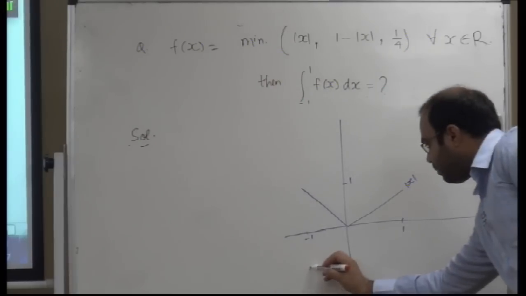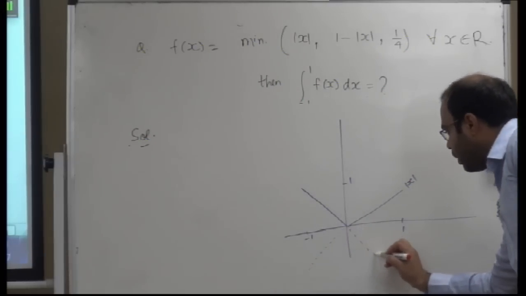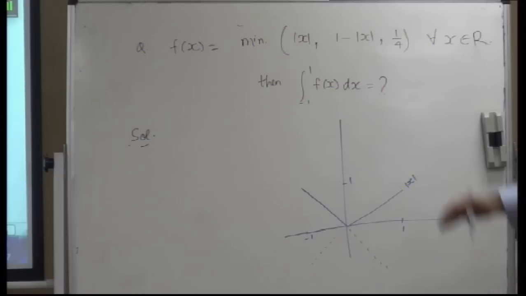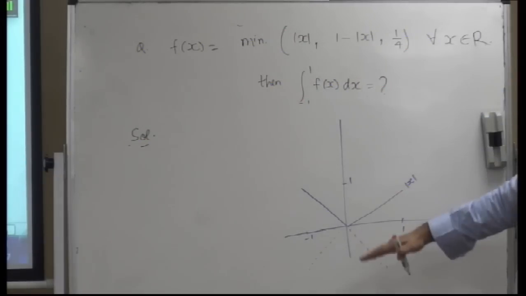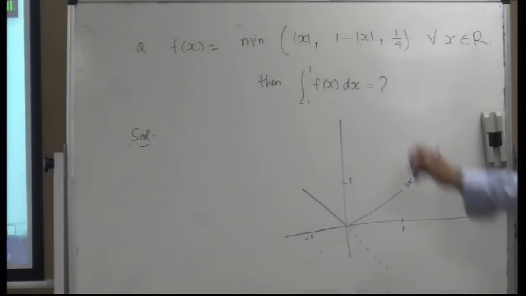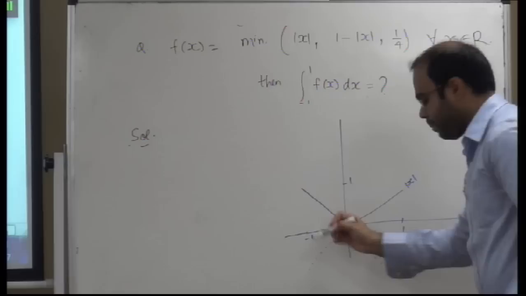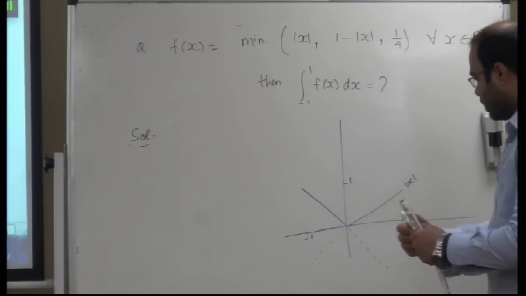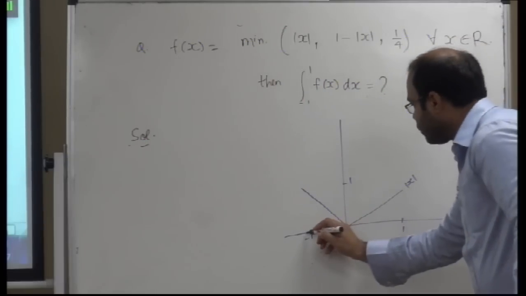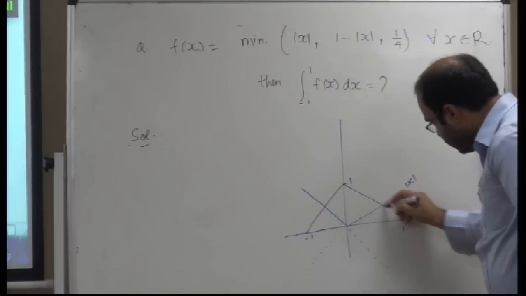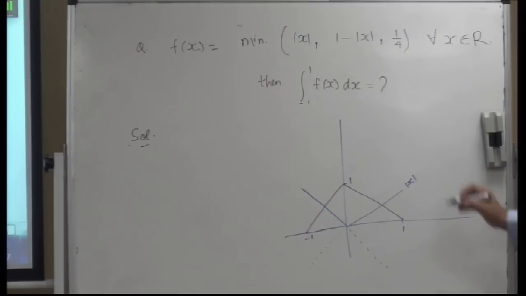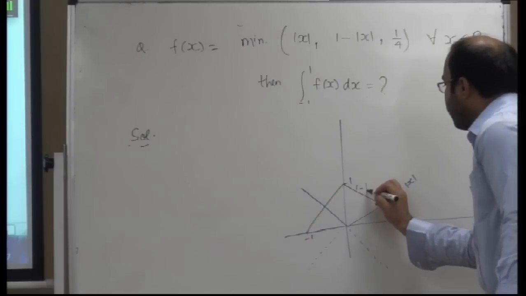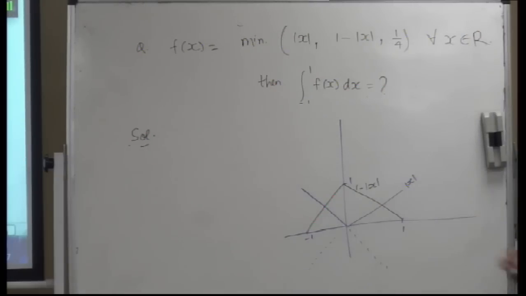So the negative of this is a graph like this, and then we add 1 to it, that means we shift it upwards by distance 1. So this would become like this. This is 1 minus mod x, and this is mod x. Blue one is mod x and black one is 1 minus mod x.